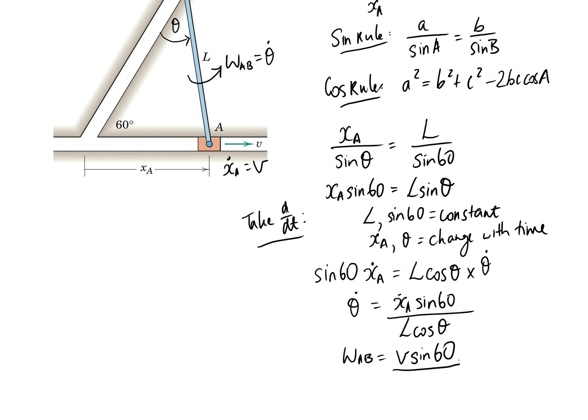Sine 60 is just a number, so we can use that. L is a constant that we're allowed to use as well. So the only other thing we need to replace is theta. If we go back up here, we should be able to write something in terms of theta in terms of the other things in this equation.